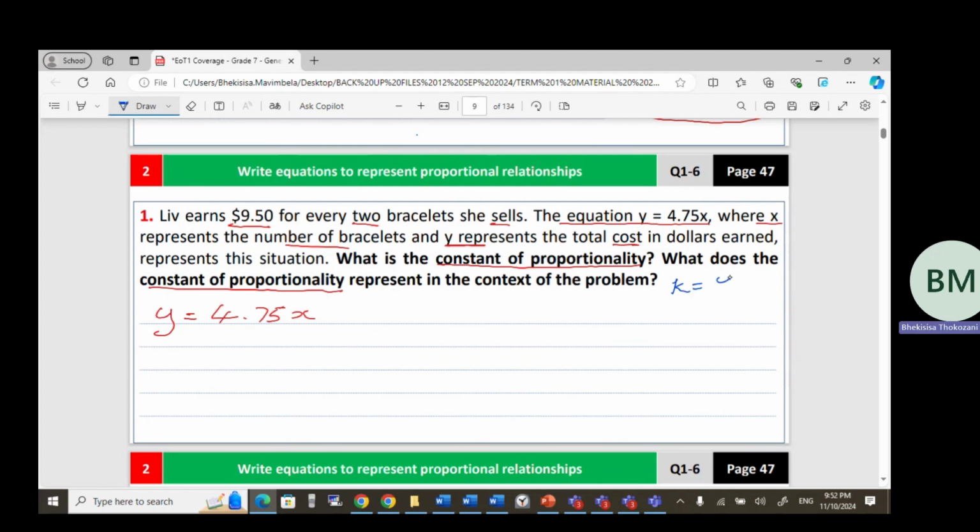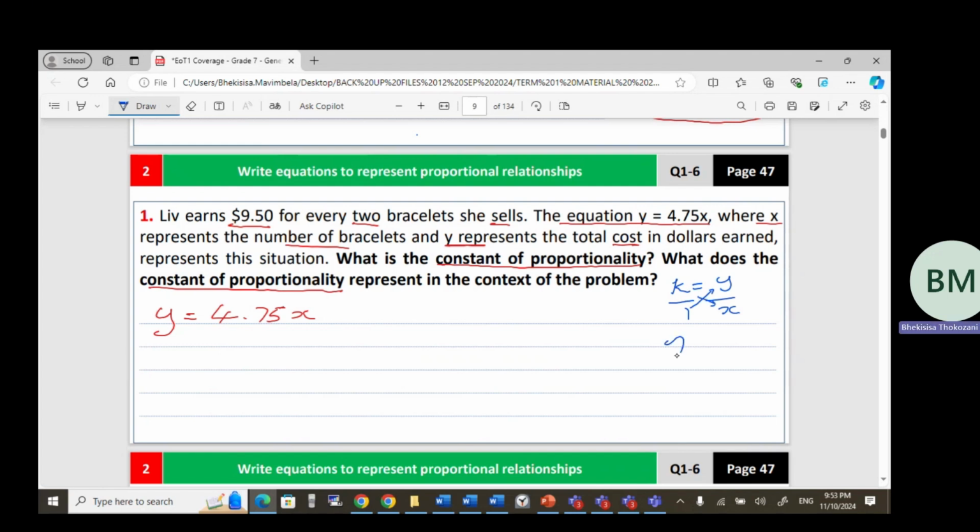k is equal to y over x. But if I want to make y a subject of the formula, now I want to make an equation, I can do cross multiplication like this. All right.